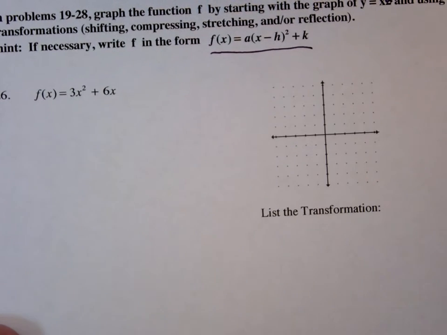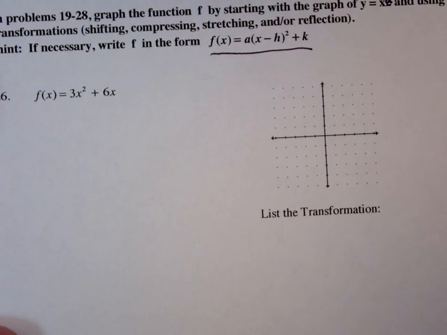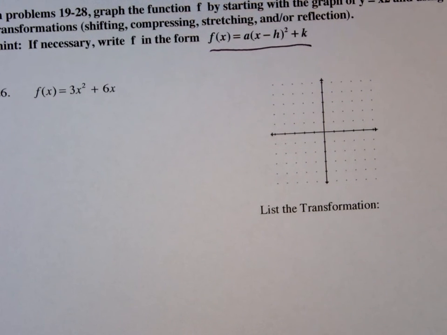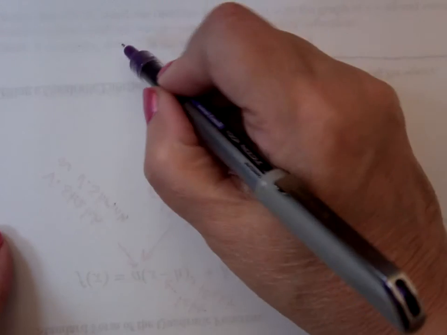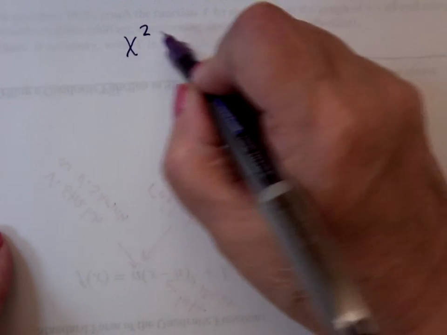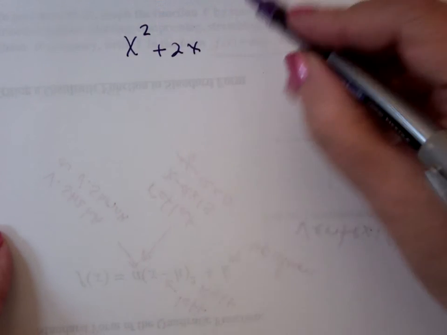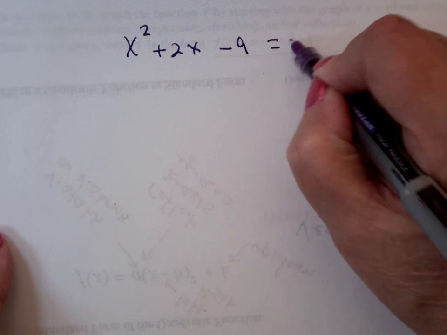Now, if I'm going to complete the square, here's the problem. When we completed the square before to solve a quadratic equation, let's just take it the easy way, x squared plus 2x minus 9 equals 0.